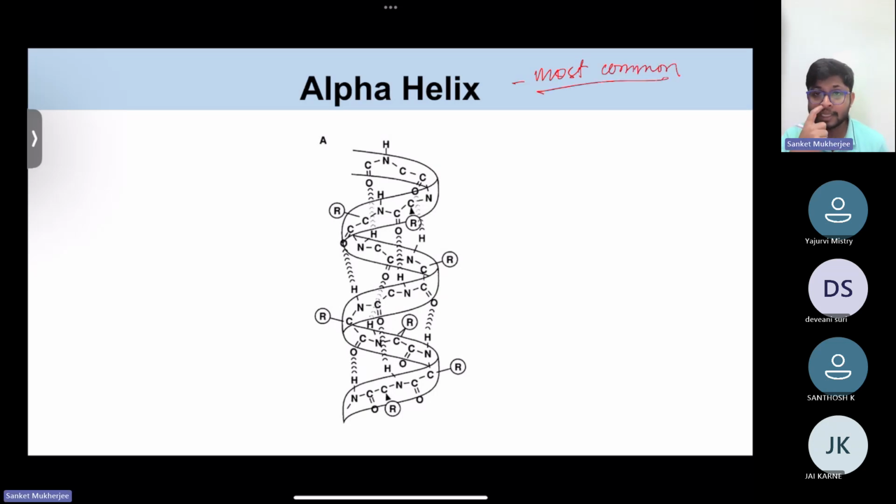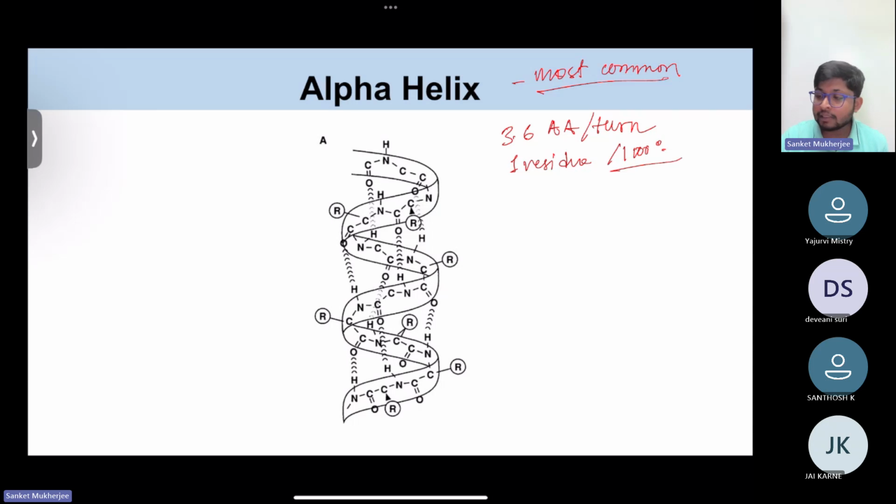If you see here, it's basically a helix. Essentially there are 3.6 amino acids per turn, or rather we could say that there is one residue at every 100 degrees.